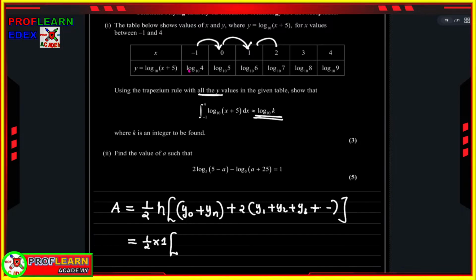and our y0 is this, so we are going to have log 4 base 10 plus log 9 base 10 plus 2 into, let's put here, log 5 base 10 plus log 7 base 10.